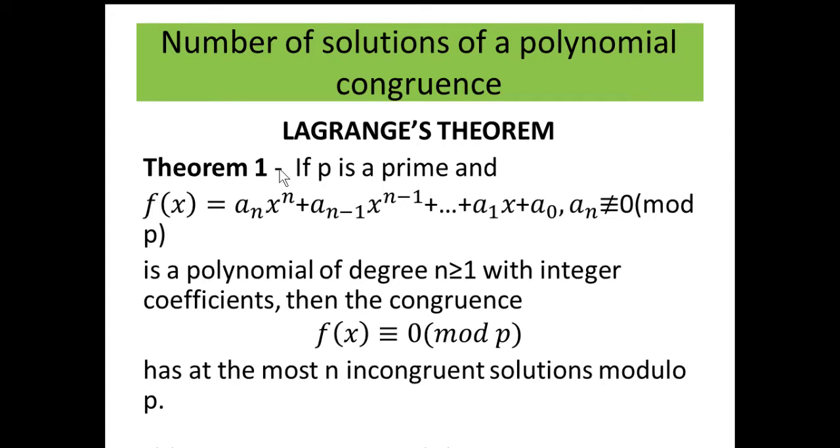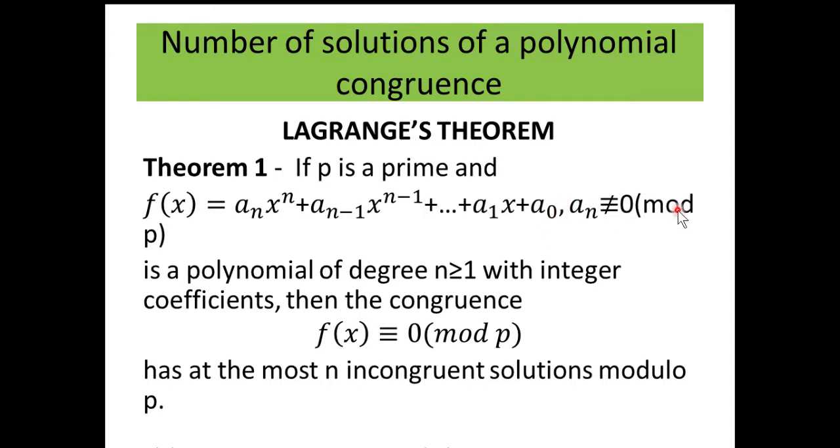Then we have Lagrange's theorem. It is used to find the number of solutions of a polynomial congruence. So if you have this polynomial congruence, a_n x to the power n plus a_(n-1) x to the power (n-1) and so on, plus a1 x plus a0, where a_n is not congruent to 0 mod p.